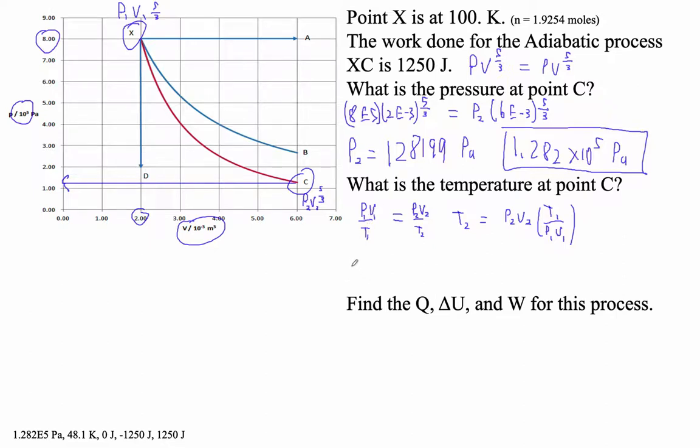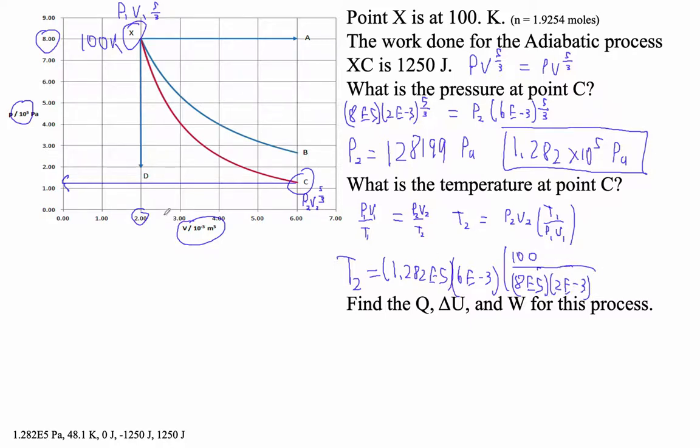Okay, so T2 is equal to pressure 2, volume 2. Here's pressure 2, 1.282E5, volume 2 is 6E minus 3. Our first temperature is 100, this is 100 kelvins here. Then pressure 1 is 8E5, volume 1 is 2E minus 3.